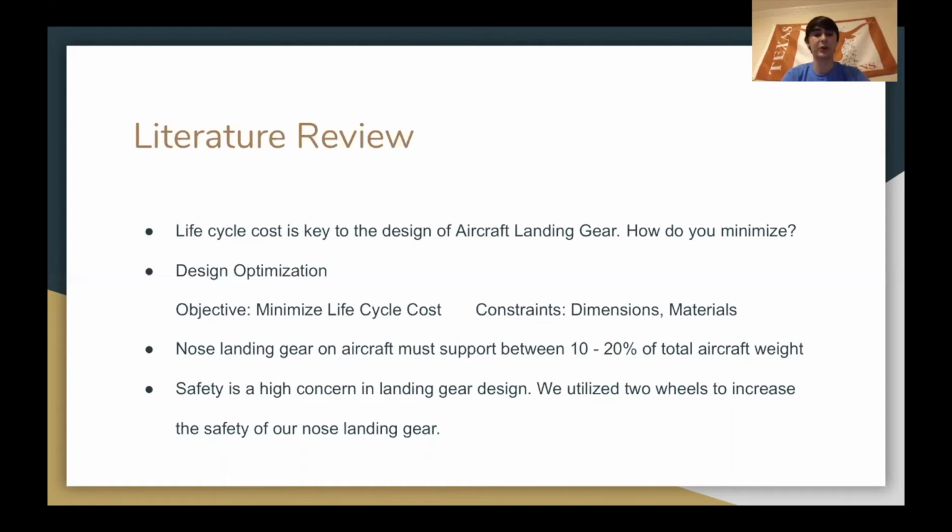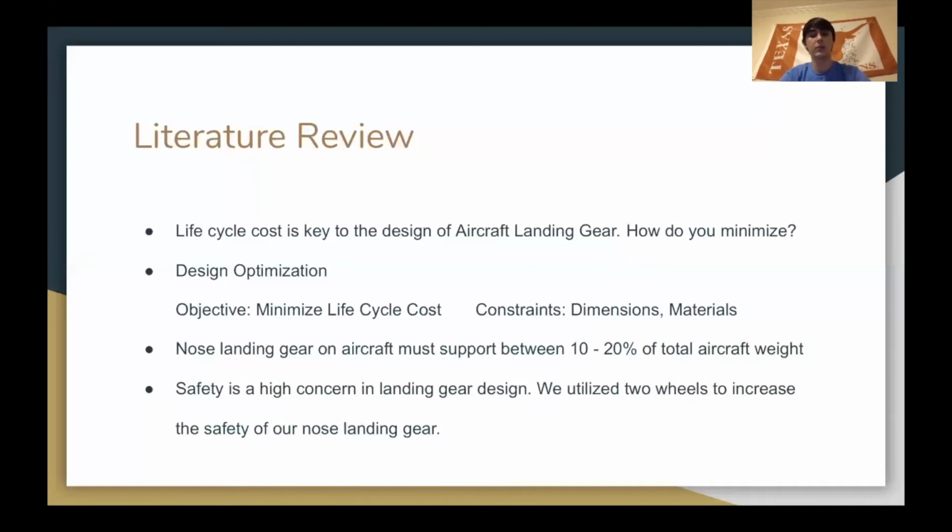We learned during research that wheels are a way to increase the safety of landing gear in aircraft design. This is because the more wheels you add to the nose landing gear or any landing gear, you're adding to the contact area that you're distributing the load across with the ground.